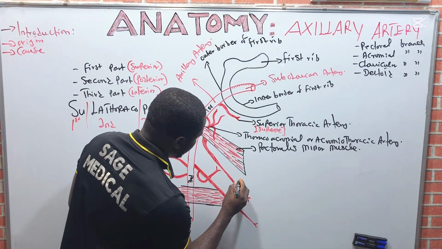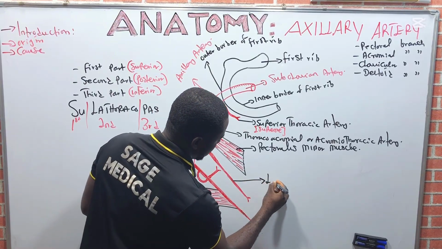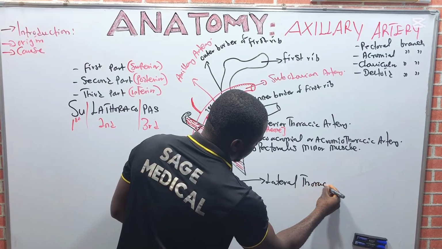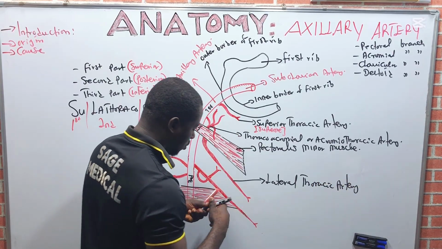You can see it here. Lateral thoracic artery or long thoracic artery.